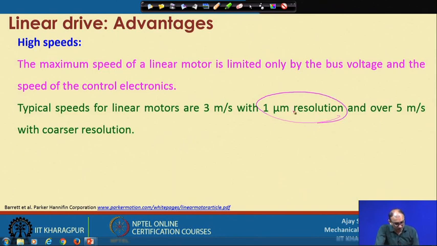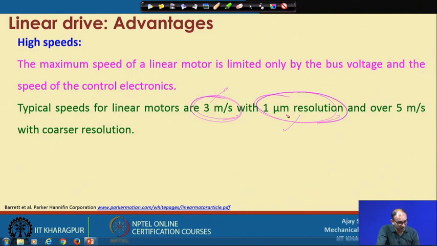If you have a higher resolution, moving very fast is a problem, because you have to do the signal processing also at such a high rate. If your speed is 3 meter per second, you can get a 1 micron resolution, but if you increase your speed, similarly you have to increase the electronics for the resolution or the encoder also.